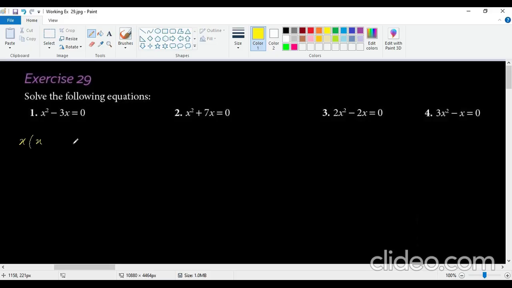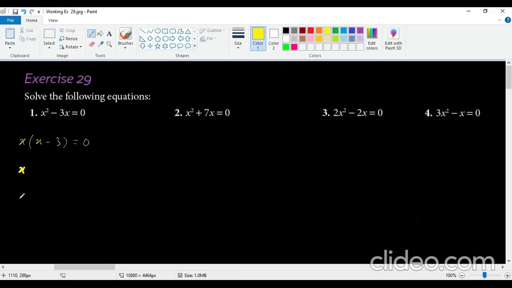These are the two factors that, when multiplied together, give us x square minus 3x, and this equals 0. I know very well that x equals 0 and x minus 3 also equals 0. In these types of equations, both factors are going to be equal to 0.